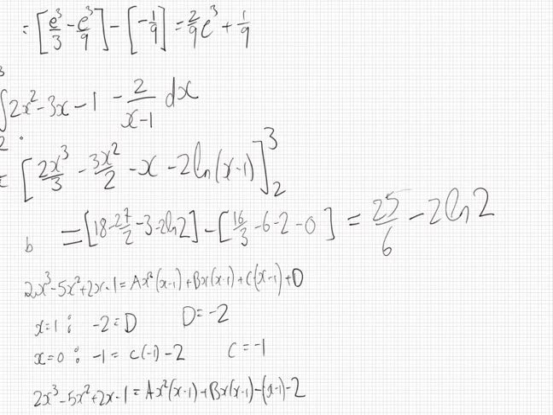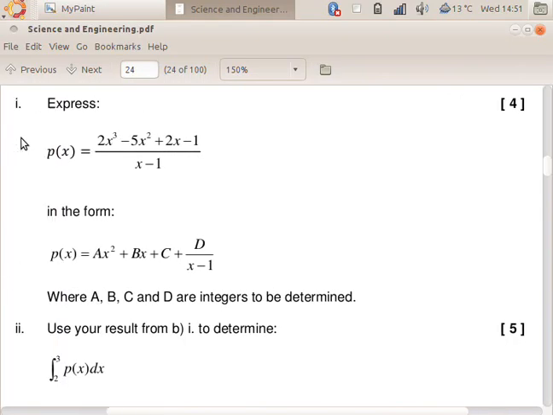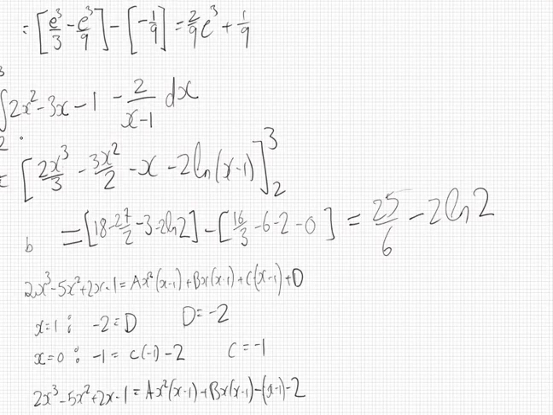You typed it in as an integration on your calculator, yes? Yeah, 0.78. Perfect. So it's right. How many marks for that? 4 and 5. So that, although long, is 9 marks.